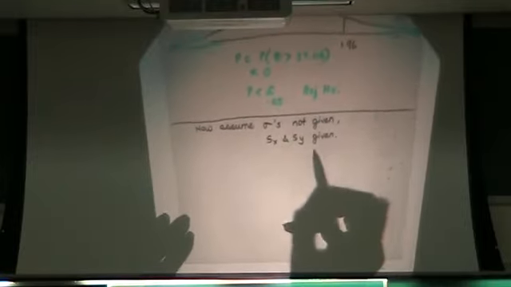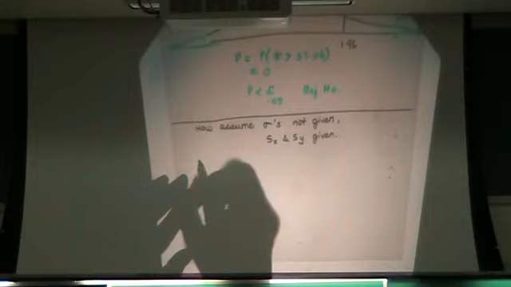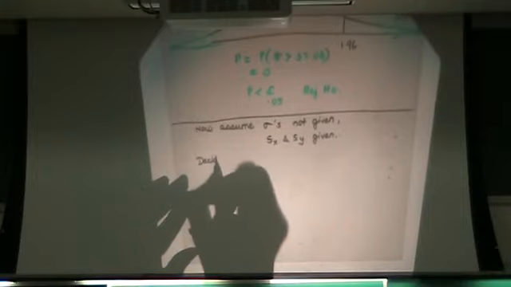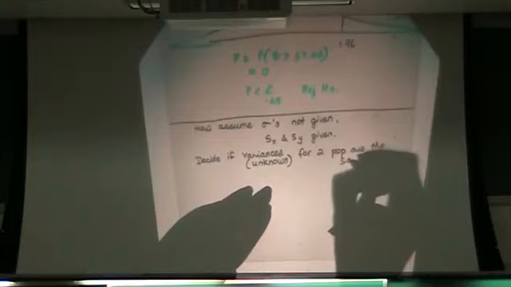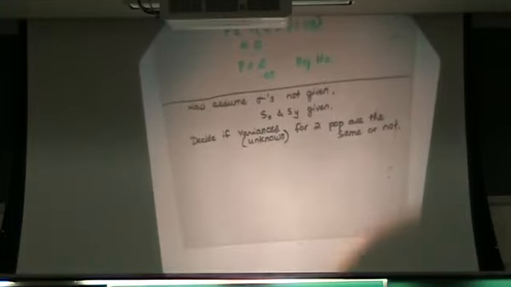Let's say that the s's are given. The first thing you have to do is decide if the variances, which are unknown, for the two populations are the same or not. That's the first thing you have to do.